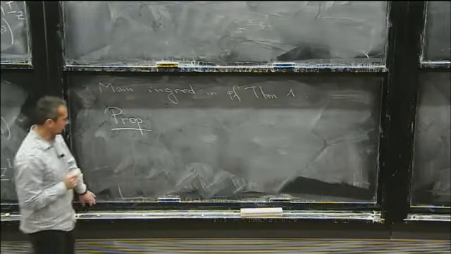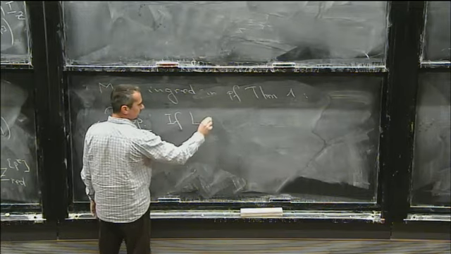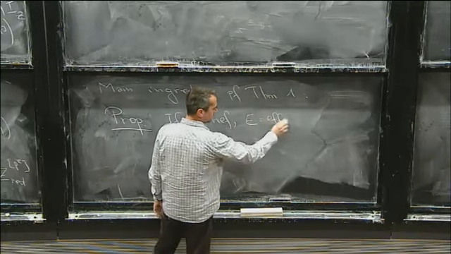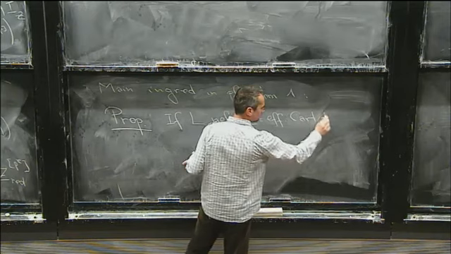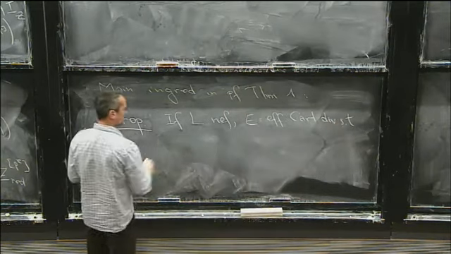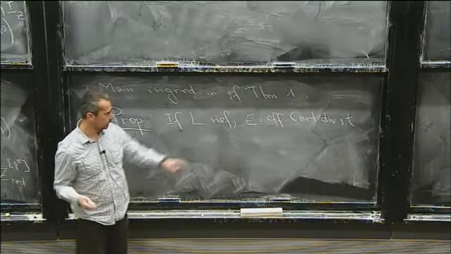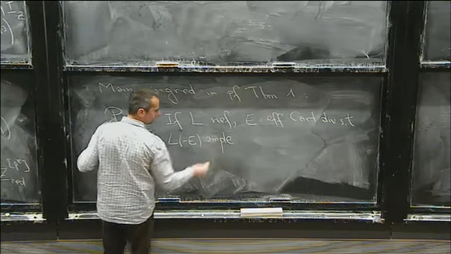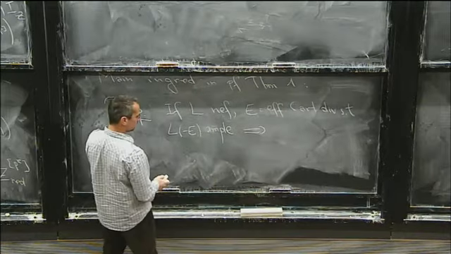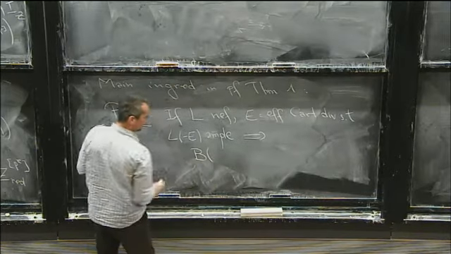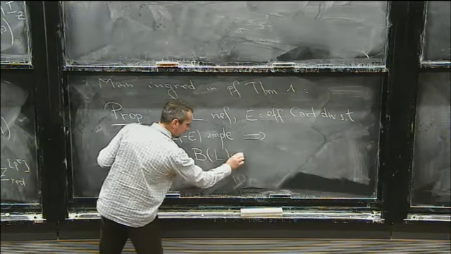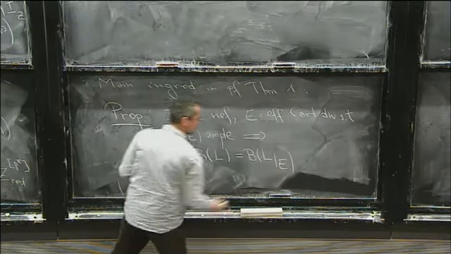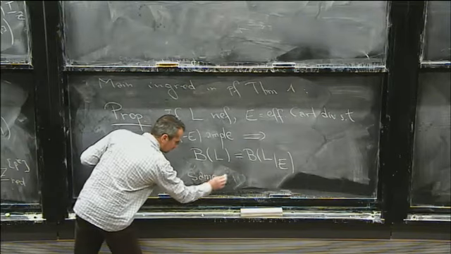If L is nef, and E is an effective Cartier divisor such that L twisted by minus E is ample, so basically I'm writing L as an ample plus an effective part, then the stable base locus of L is actually equal to the stable base locus of L restricted to E. And the same for B plus.